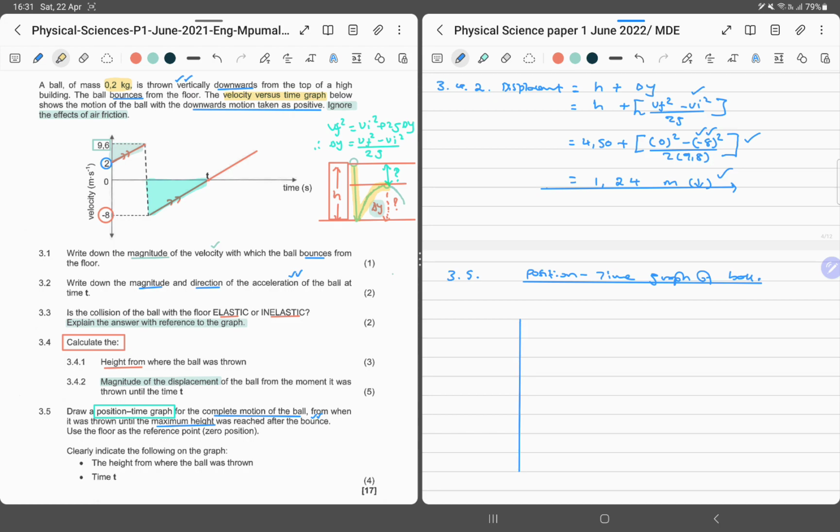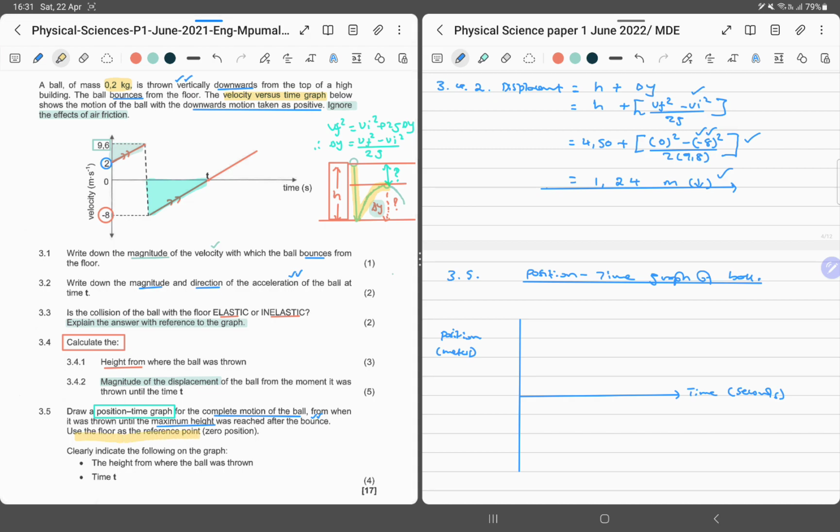So now that we don't have it, we'll just make our own thing, so we don't mind. So of course here on the x-axis, it's the time axis. Okay, and then here we're going to have position in meters.